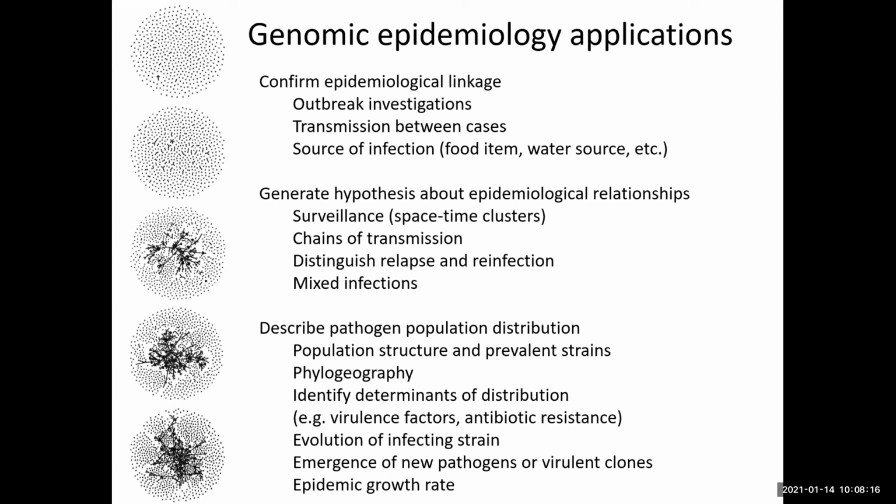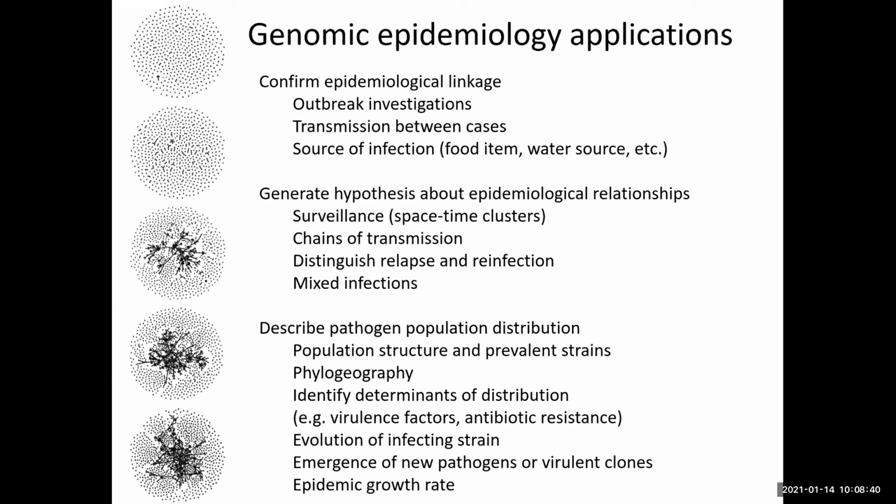And then at the even more complicated end, we can think about the details of the distribution of the population structure of pathogens. Okay, so we can think about the prevalent strains. We can think about phylogeography. Do certain strains dominate in certain locations? We can identify determinants of distribution potentially.